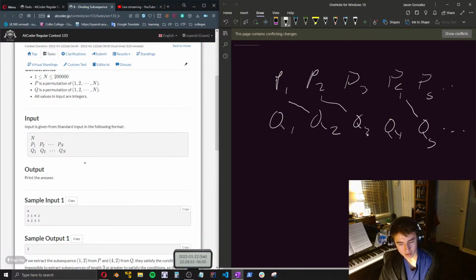So then we see it basically looks like a matching where each edge has to be to the right.